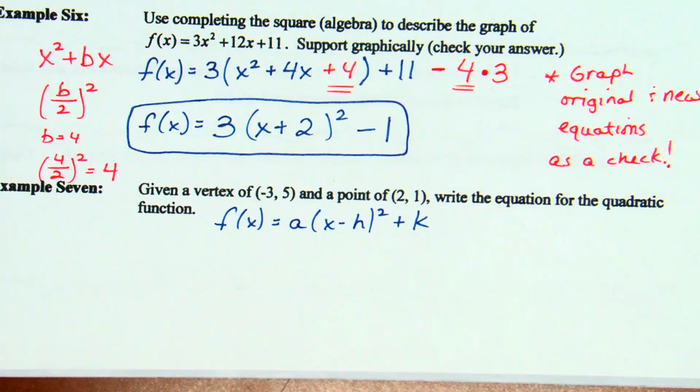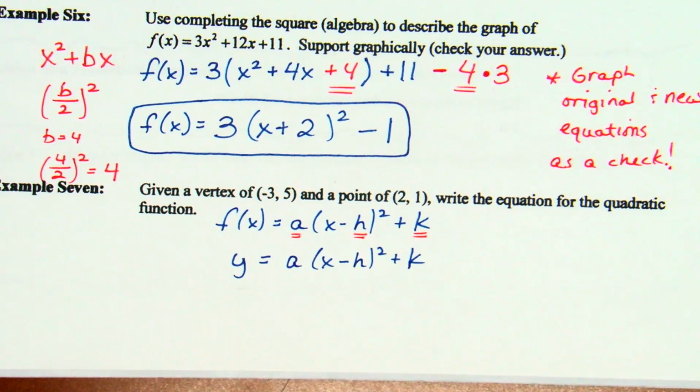They're interchangeable. So if you would rather say y equals a times x minus h squared plus k, that's fine as well. In order to be able to fill this in, what do I have to know? A, h, and k.